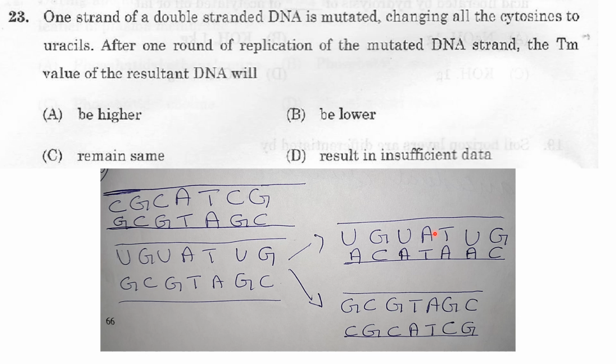Since the mutated strand has most of the bases as A and T or uracil, they have only a double bond between them. So it is easier to break the double bond than the triple bond between G and C. So compared to the original, this will have a lower melting temperature. So the answer here is B, lower. Answer is option B.